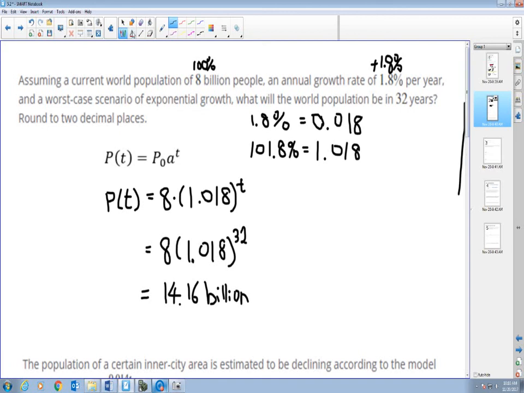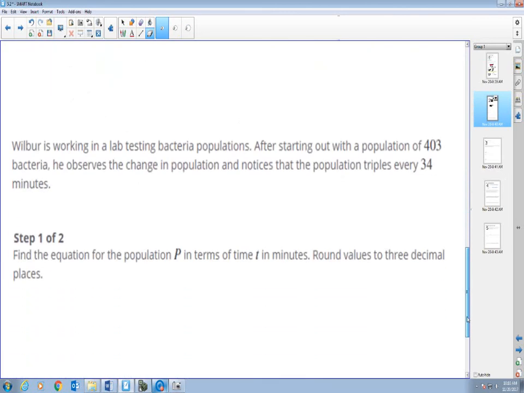Alright, let's try another one. Population growth or population decrease. So this example says Wilbur is working in a lab testing bacteria population. So anything that grows, any live thing that can grow, is considered a population growth model.